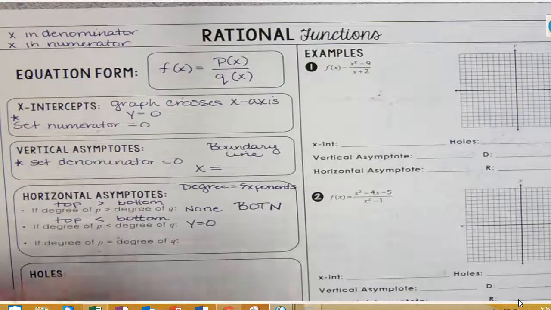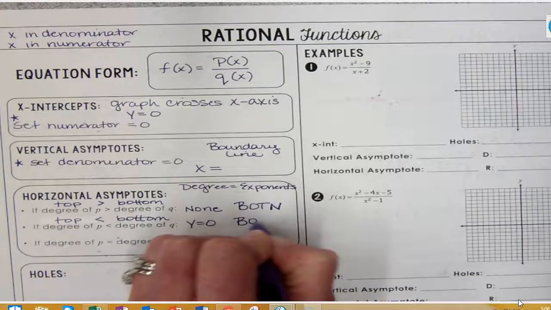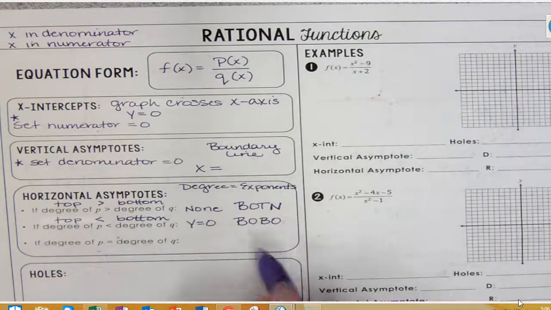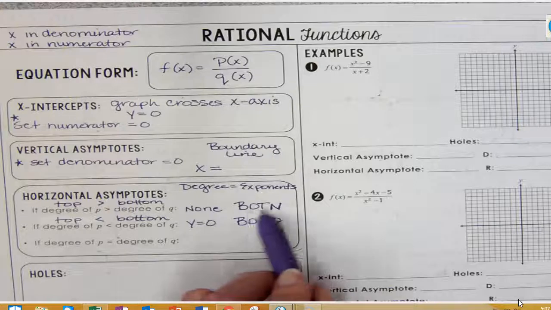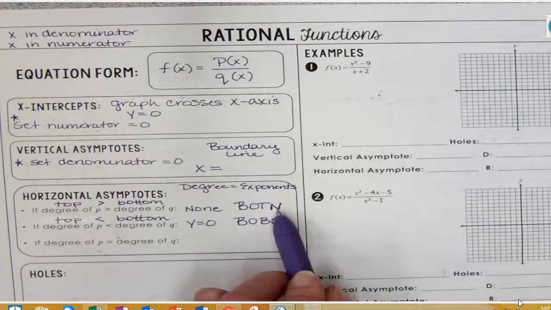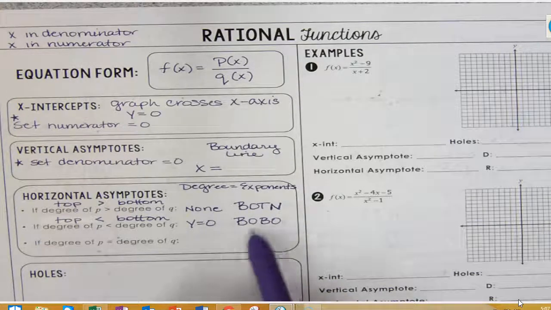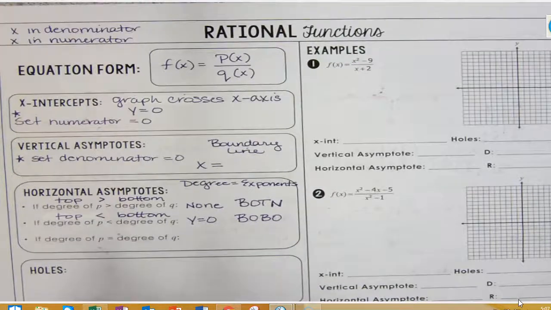The way we remember that is BOBO: bigger on bottom is 0. Bigger on top is none. I know that sounds weird, but we're going to make a fun story about that someday.